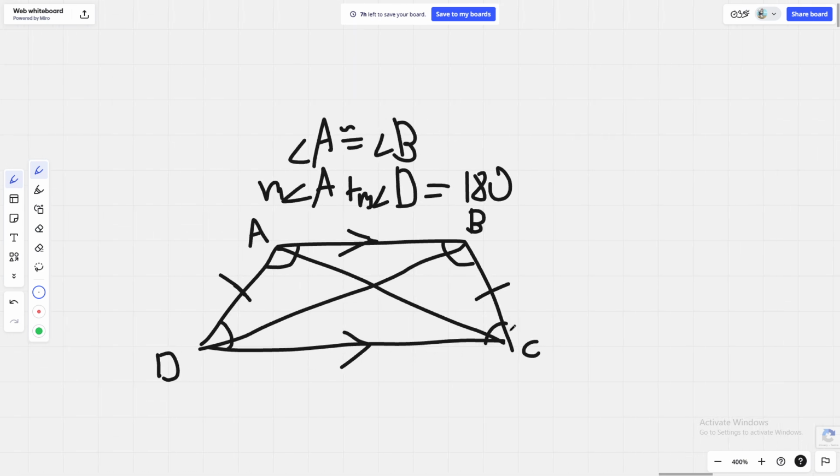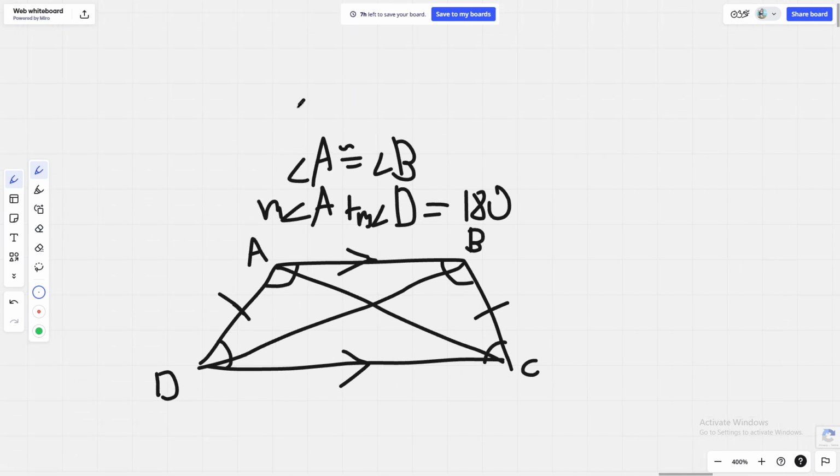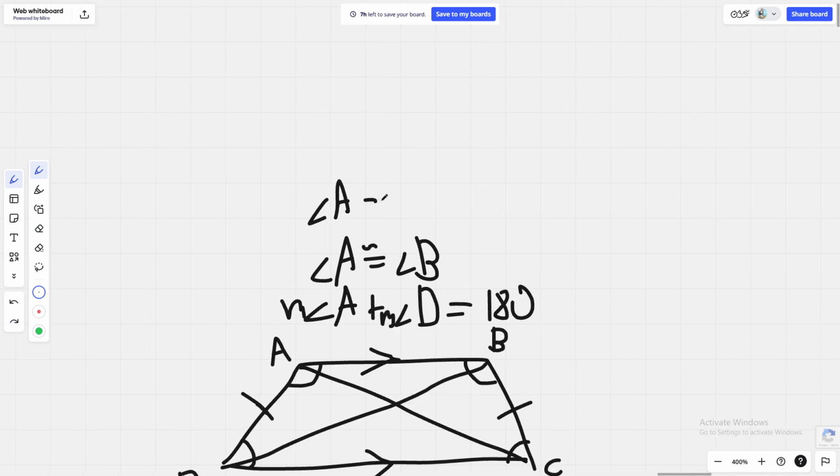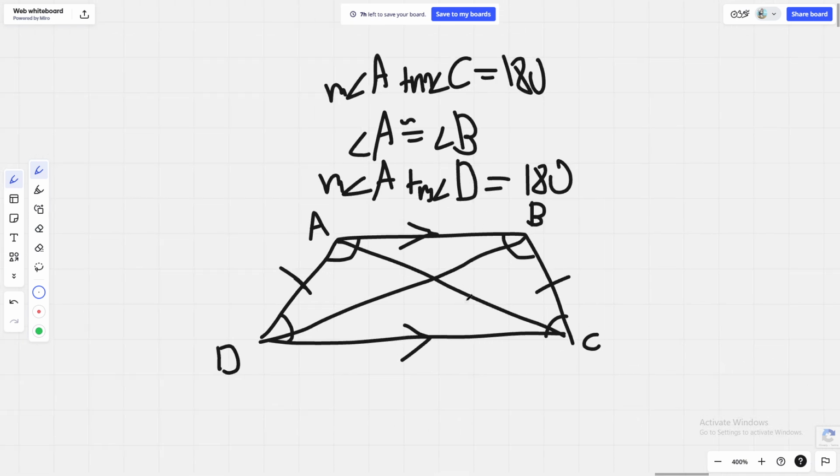And then opposite angles, so angle A and angle C, are supplementary as well. Sorry, the measure of A plus the measure of C is equal to 180. And that's pretty much all of the properties of an isosceles trapezoid.